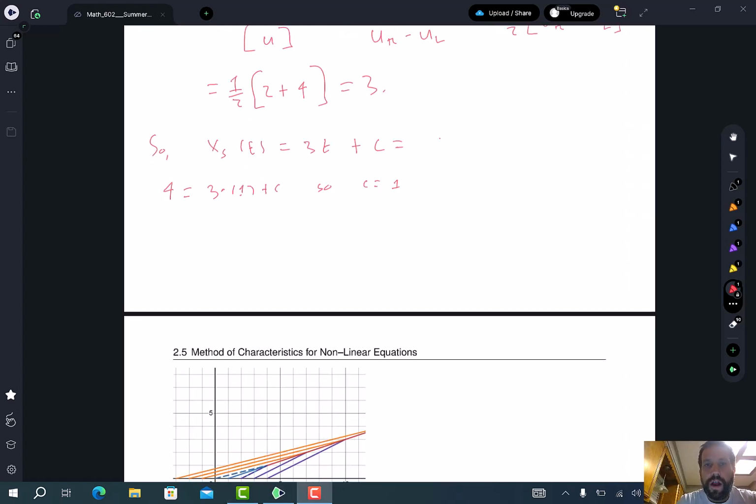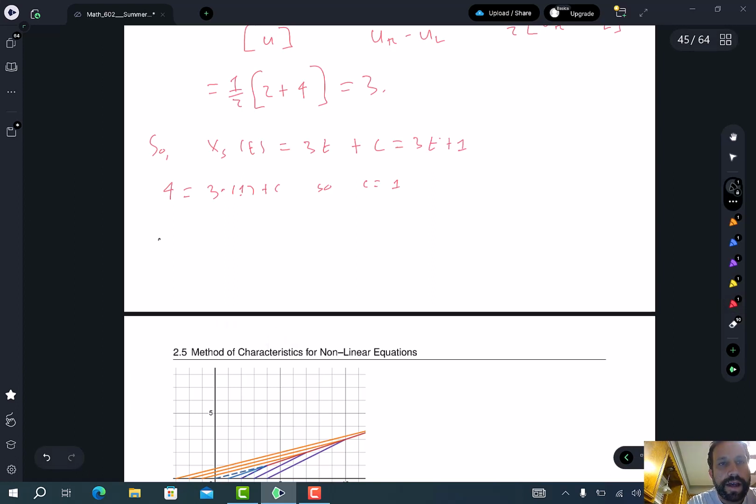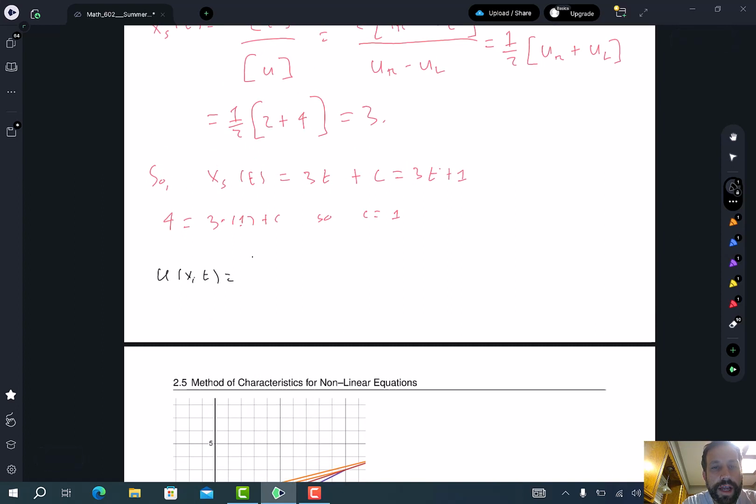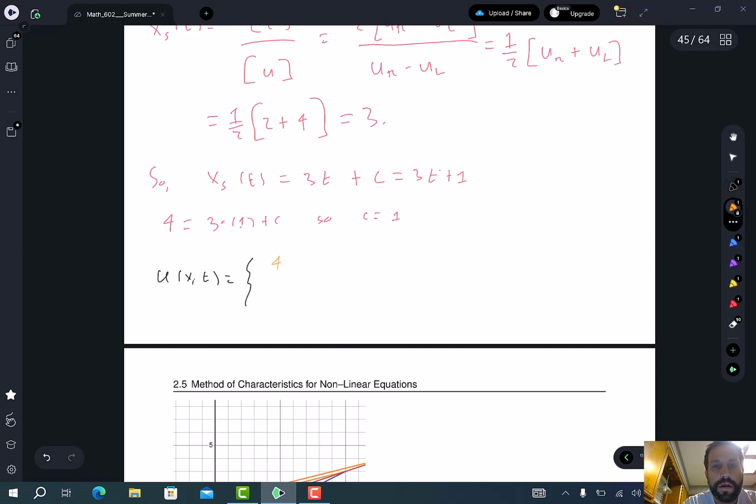Again, c is equal to 1, so this is equal to 3t plus 1. And so this says that for t greater than or equal to 1, the solution u of x,t is going to be equal to 4 when x is less than 3t plus 1.